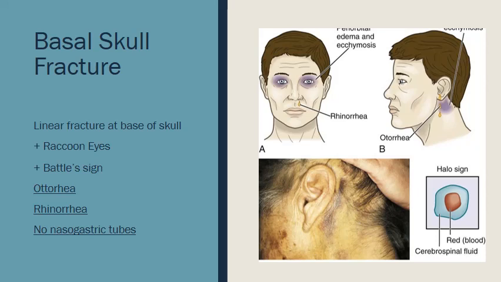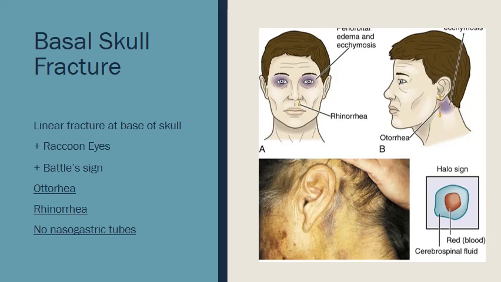One of the things that we'll do is put a dressing under their nares, and we'll look for a halo sign. What happens, you have a picture here, the blood kind of centers in the middle, and then the fluid is around the outside. Or the other thing is we can collect it a little bit on a dressing and send it for glucose testing.